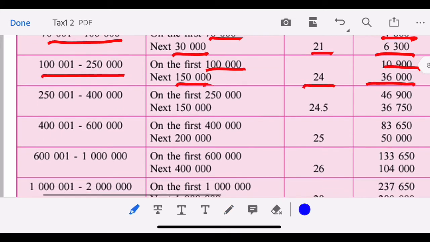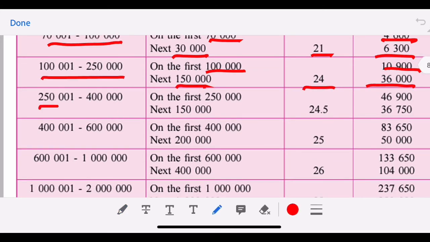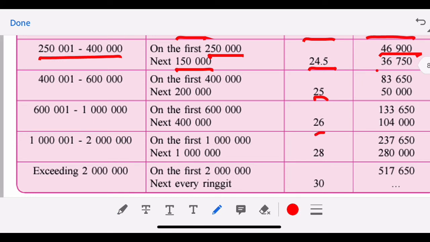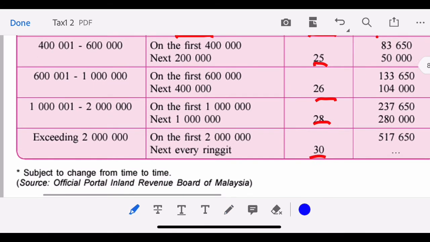Right? So if the income is between 250,000 to 400,000, on the first 250,000 is 46,900, and next 150,000 is 24.5%. Okay, notice that the rate will increase when the chargeable income increases.